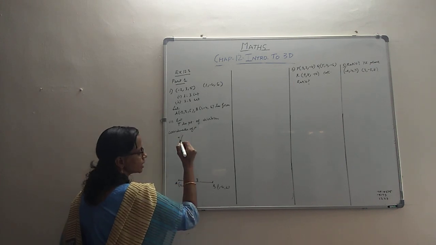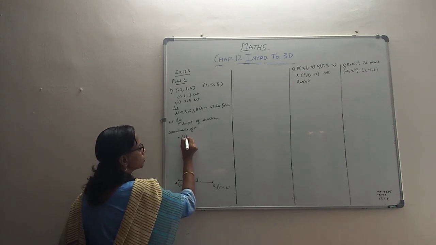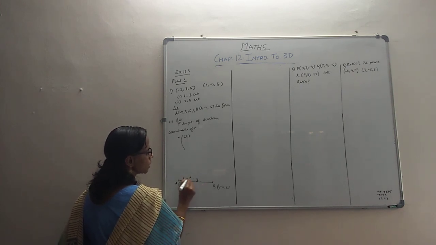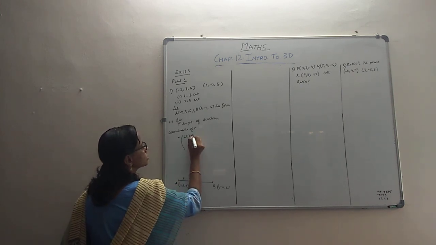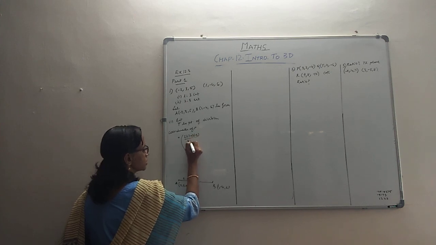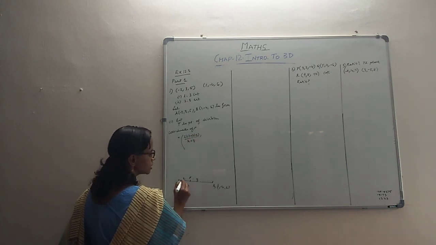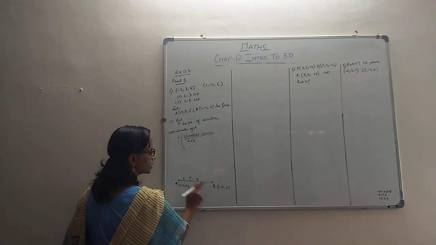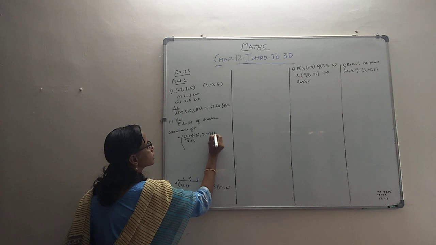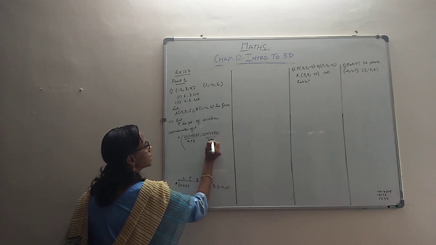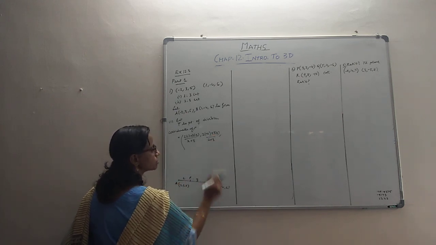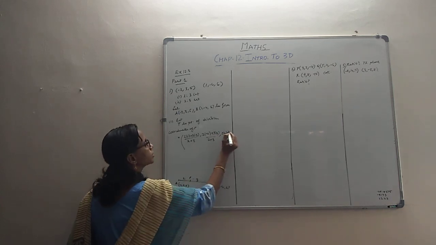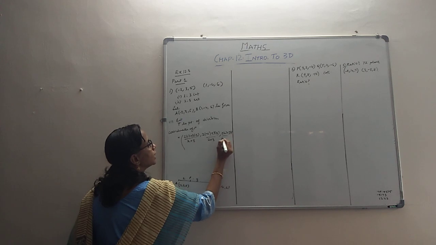For the x coordinate it is 2 into 1 plus 3 into minus 2 over 2 plus 3. Then next it is 2 into minus 4 plus 3 into 3 over 2 plus 3, and last it is 2 into 6 plus 3 into 5 over 2 plus 3.